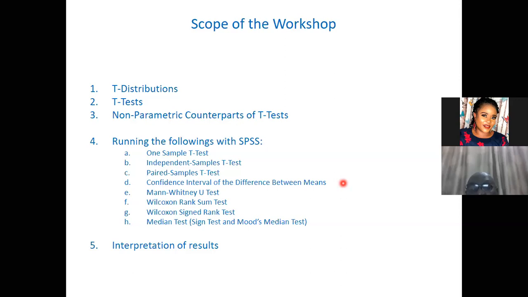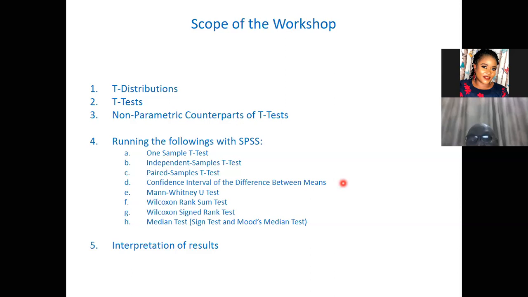It doesn't stop you from calculating the confidence interval, because when you do a t-test, you use the data set to calculate the mean. That's one different thing between the t-test and these non-parametric tests.